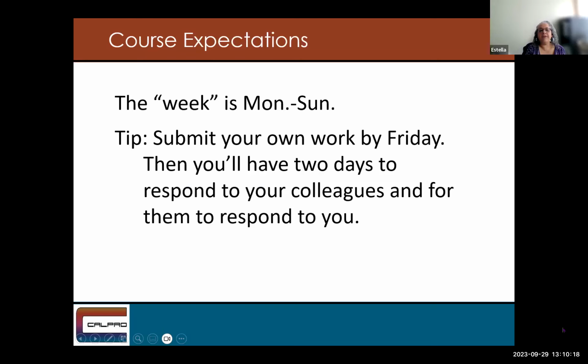A quick brief course expectation. Our week is Monday through Sunday, and I do recognize today is Friday. When I scheduled the events, I hadn't thought about the Monday through Sunday thing. So the tip is normally to submit your work by Friday, and then you have a couple of days to respond to your colleagues and for them to respond to you.